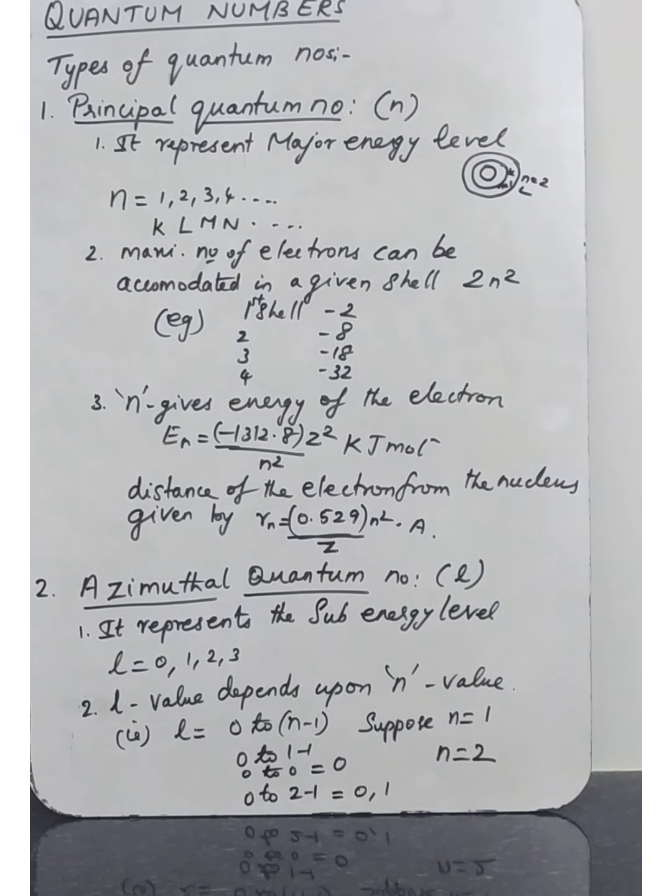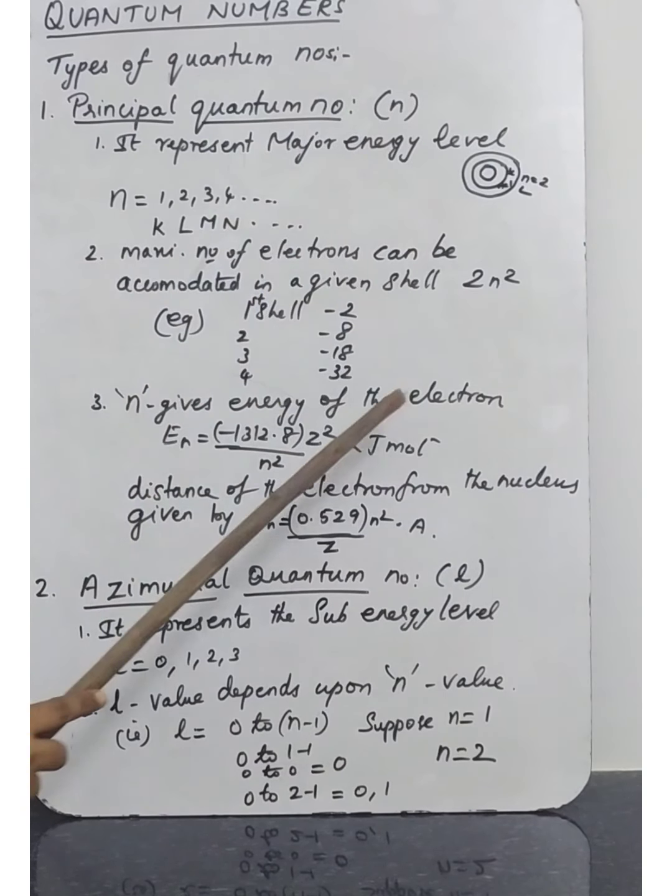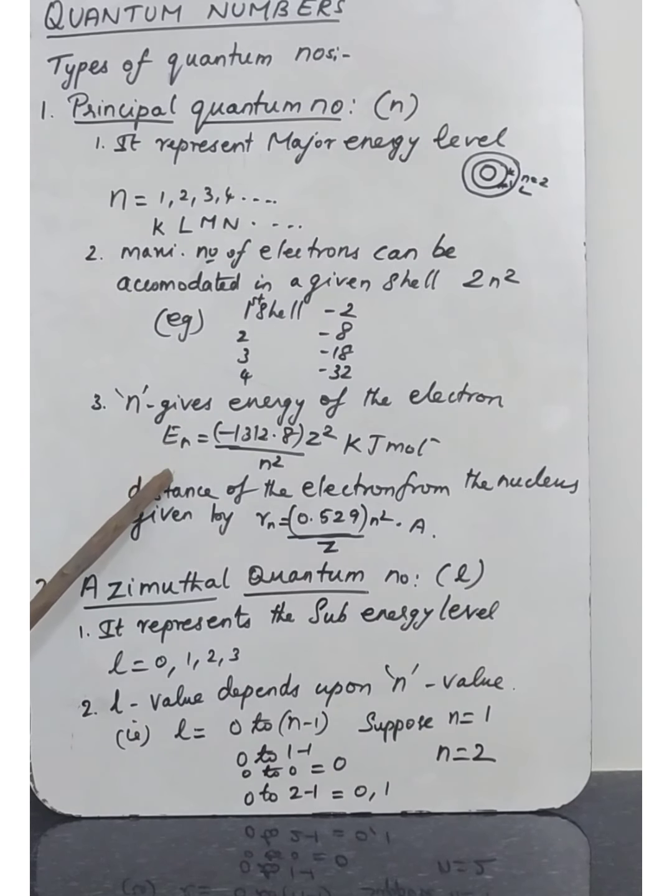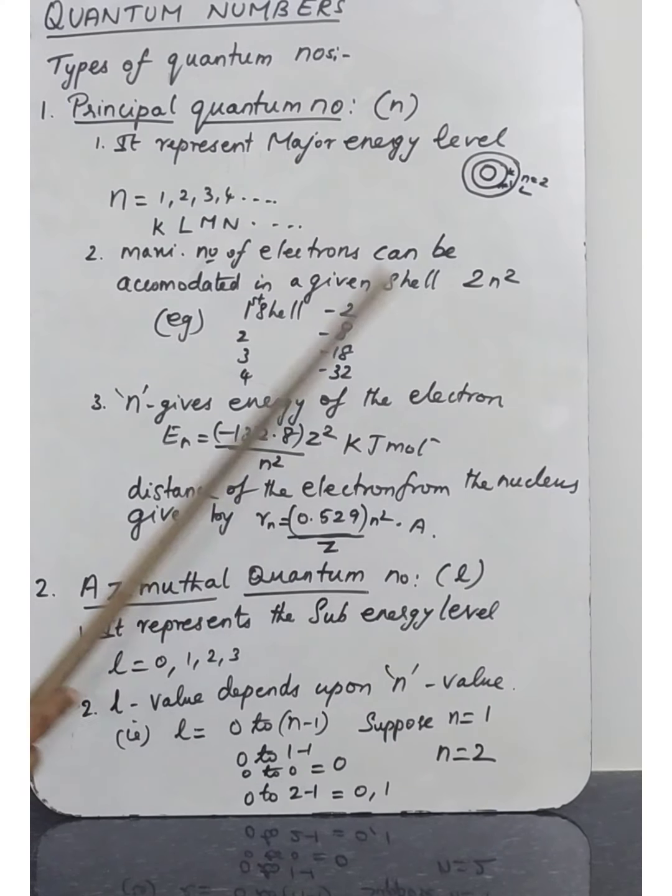So the second point in the principal quantum number is that the maximum number of electrons that can be accommodated in a given shell is given by the formula 2n squared. Next, n gives the energy of the electron, that is En equal to minus 1312.8 divided by n squared into Z squared kilojoule per mole.